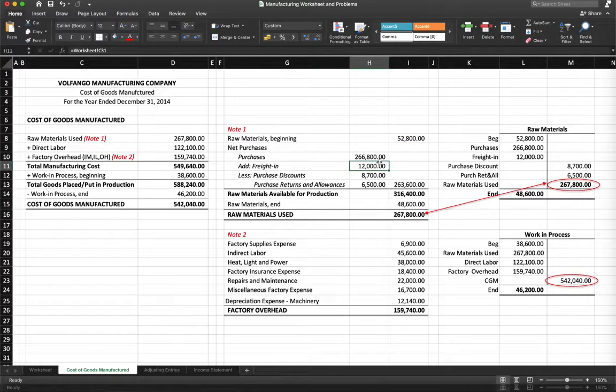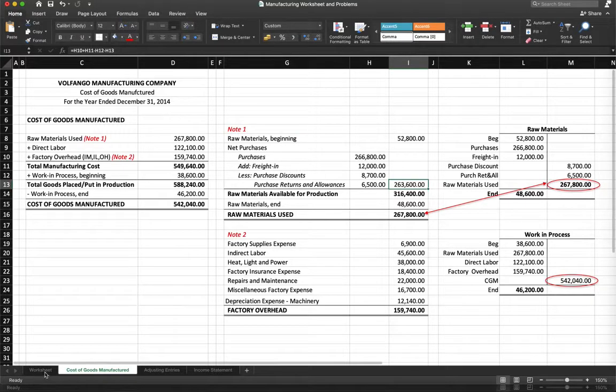Then, purchases, add freight in, less purchase discounts, less purchase returns and allowances. Yan yung net purchases natin. Ibig sabihin, how do you get net purchases? Purchases plus freight in, less purchase discounts, less purchase returns and allowances. So, where did I get these amounts?